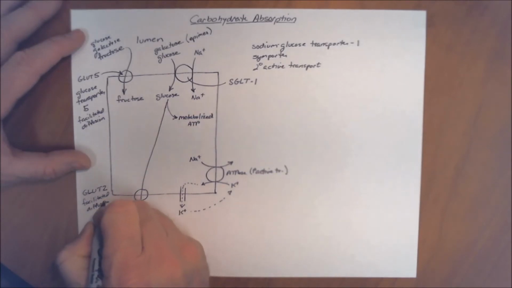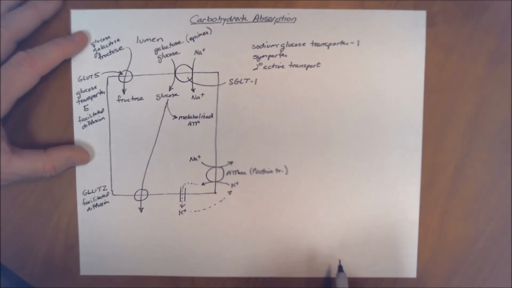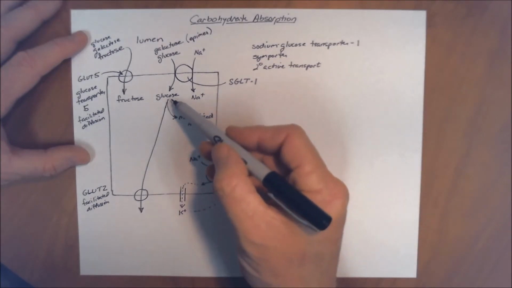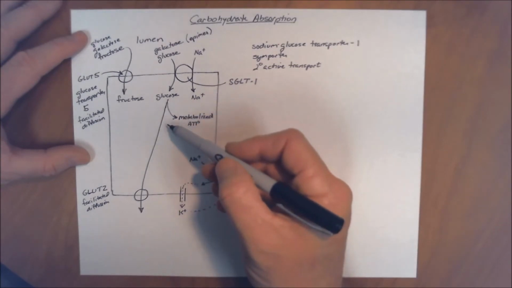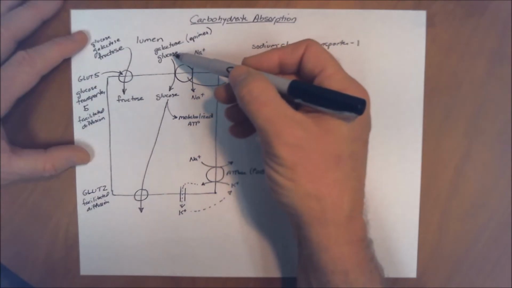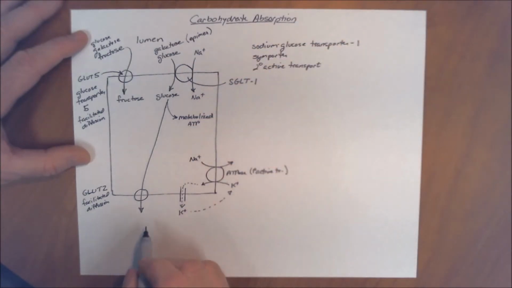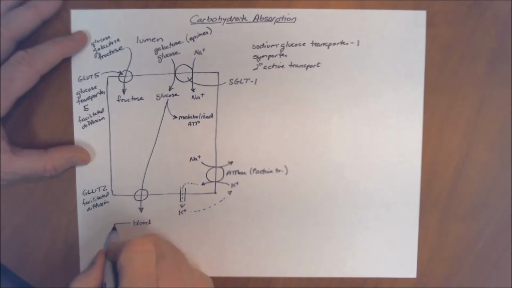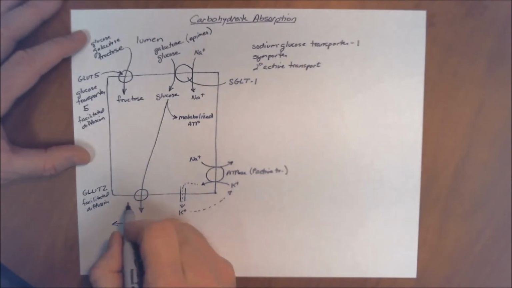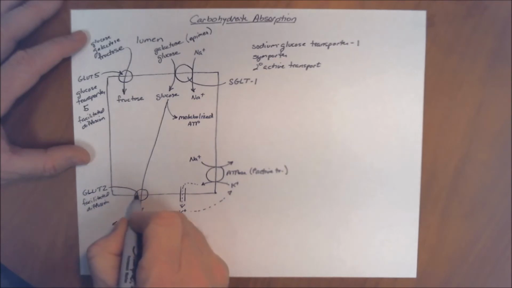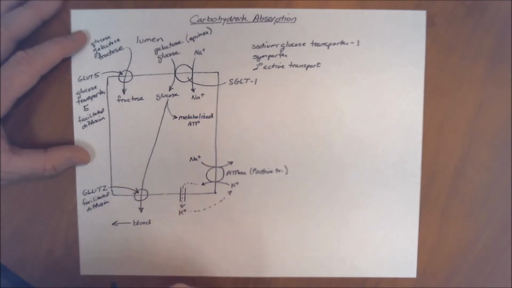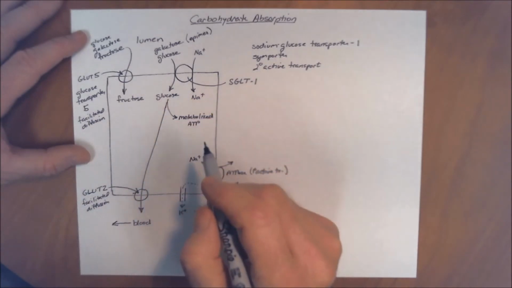So this transporter will work again on a gradient. The glucose is going to be very high inside the cell, resulting from the sodium glucose transporter, and the glucose is going to enter the blood and essentially be swept away, which will keep its concentration low. So the GLUT2 transporter will operate effectively because of the gradient established.